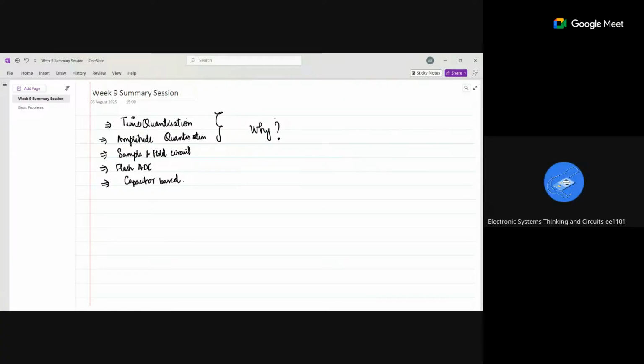Yes, ma'am. In real time, the signals will be varying with respect to time. If this time can be 1 second, the analog signal will also hold a value for 1.1 second or 1.01 second or 1.001 second. The analog signal contains a value, let it be v of t, for each and every instant. So time actually has infinite values, right?